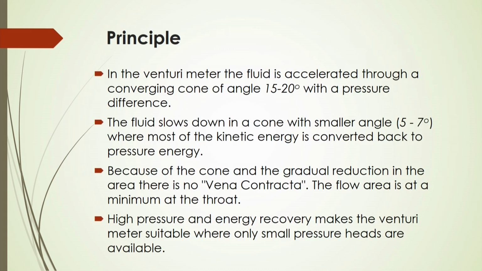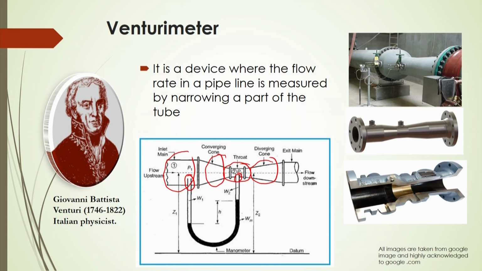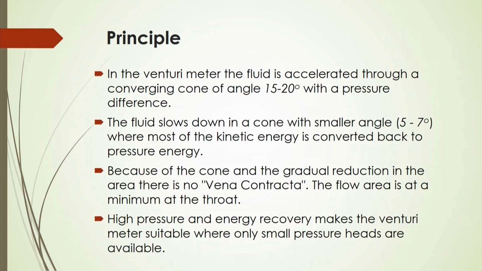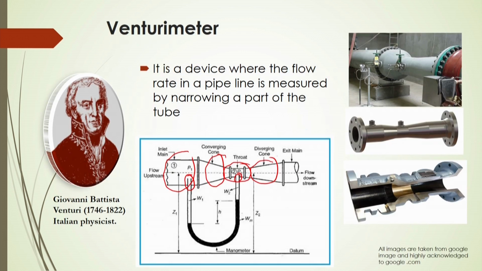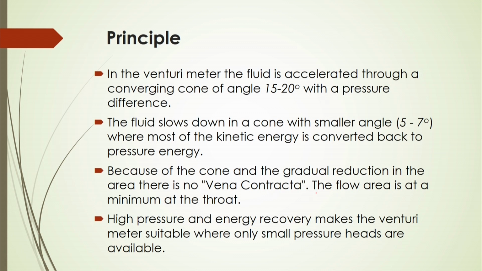So, let us discuss the principle of this. In the Venturi meter, the fluid is accelerated through a converging cone. This converging angle is generally considered as 15 to 20 degrees, with a pressure difference.